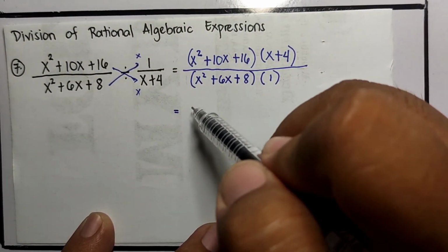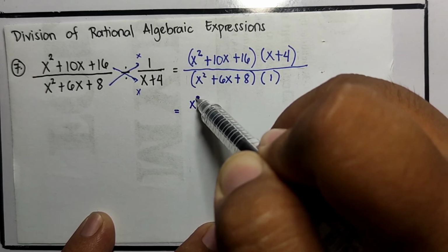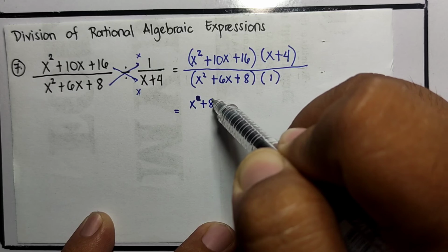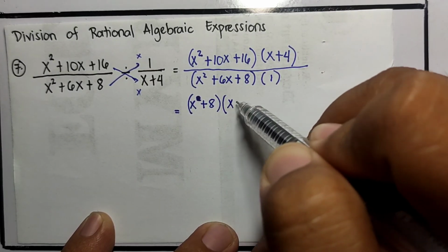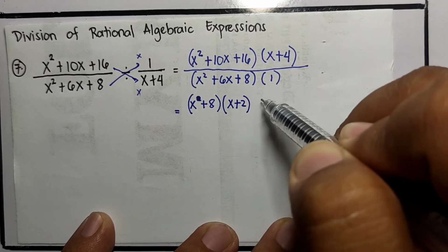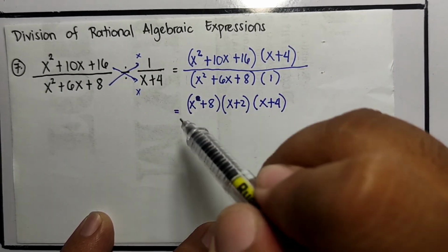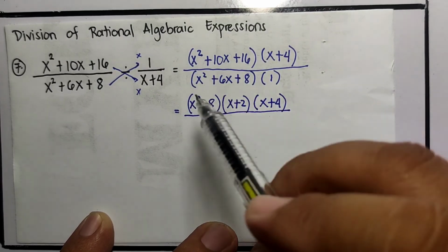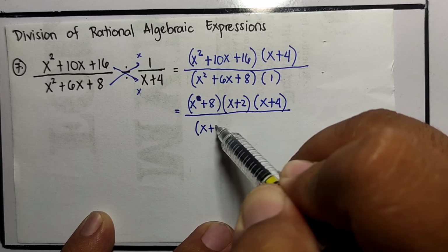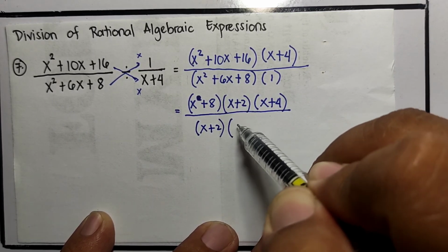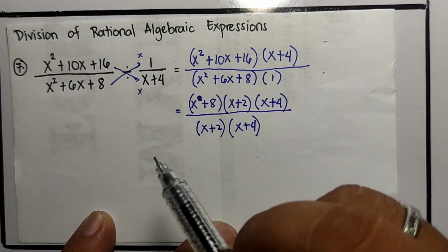Then after that, factor. x plus 8 times x plus 2 times x plus 4, over factor x plus 2 times x plus 4 times 1.